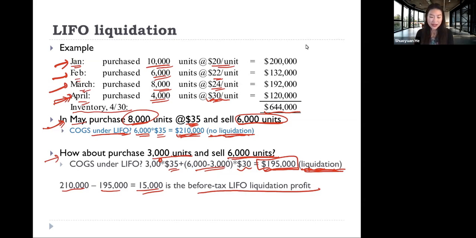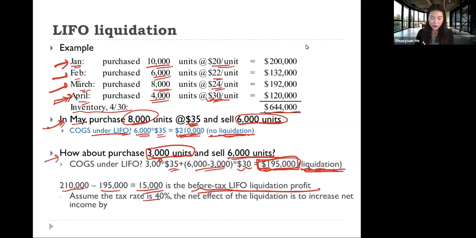As you can see, by purchasing 5,000 units less, our cost of goods sold is actually lower, which means that our net income is higher. So this is the before tax LIFO liquidation profit. This is just the profit we get from liquidating our most recent layer and being able to go back one layer to use the old cost, which is cheaper.